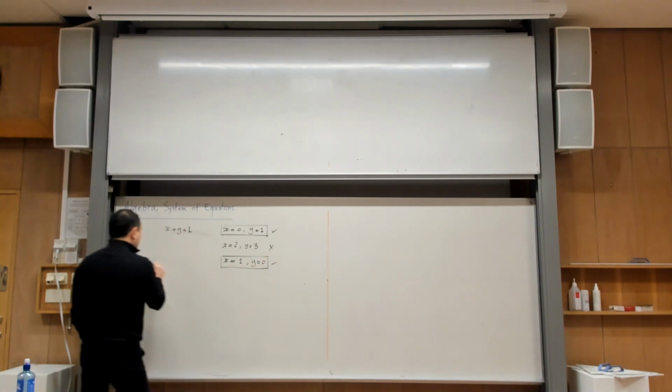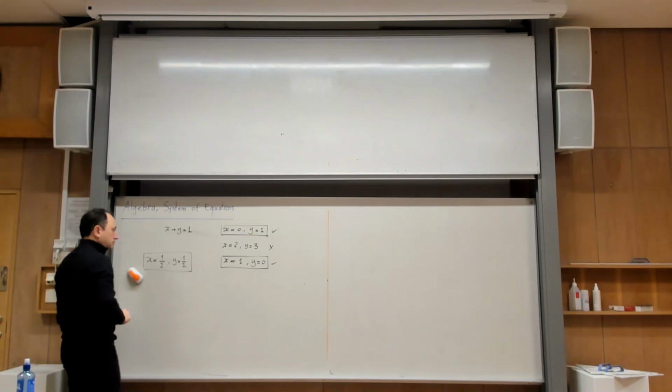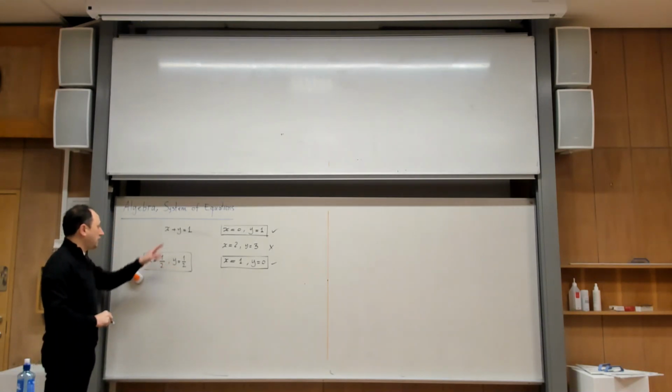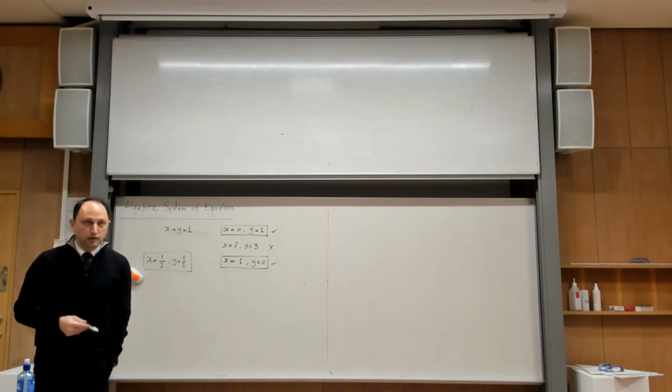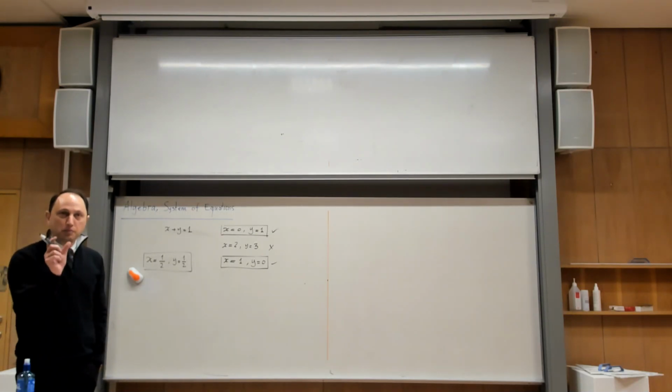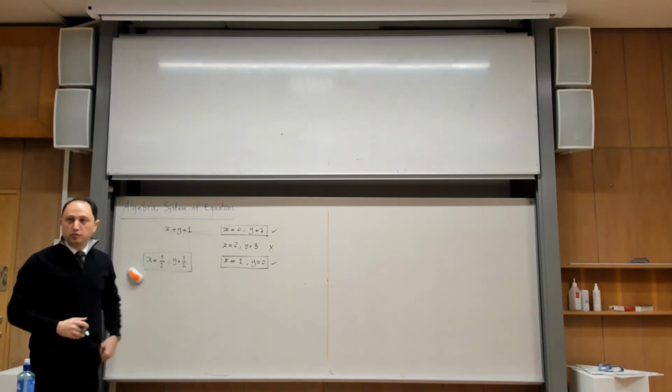Or I can choose x equals, I don't know, 1/2, y equals 1/2. That is also a solution, because if I put x and y there, the left-hand side becomes equal to the right-hand side. So I have infinitely many solutions. Any pair of real numbers whose sum is equal to 1 will work as a solution.